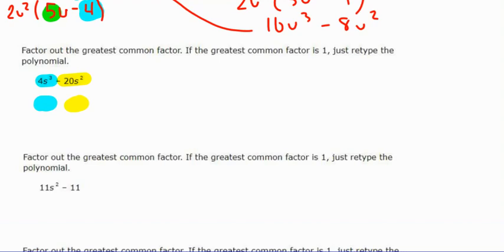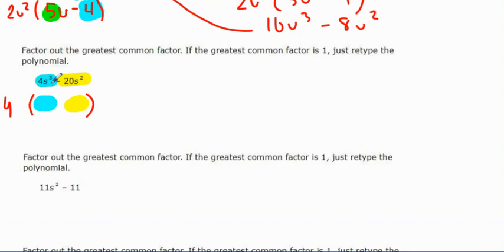First let's just look at the numbers 4 and 20. Remember from our last video, always ask yourself if the smaller one goes into the larger. Does 4 go into 20? It does, 5 times. 4 goes into 4, and 4 goes into 20.